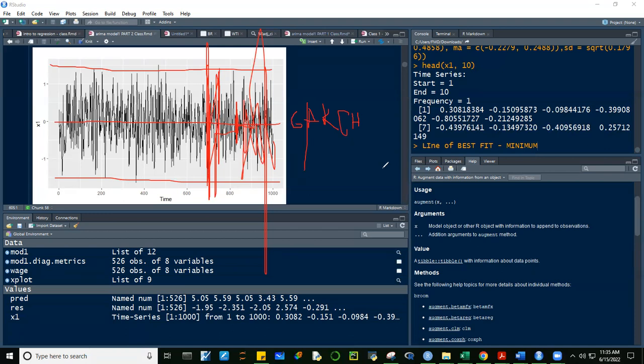ARCH means autoregressive conditional heteroscedasticity. So ibig sabihin, at certain points, at certain time periods, yung variance natin hindi constant. Meron tayong heteroscedasticity, meron tayong tinatawag na volatility.